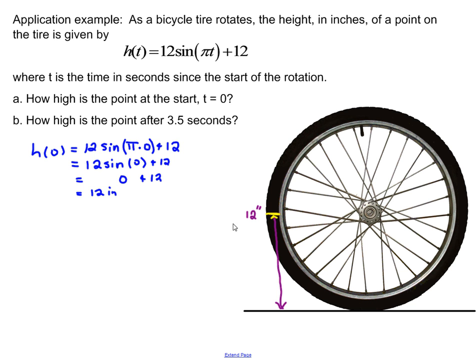Well, as our tire turns, we know that it's going in a cyclical way. So let's let this tire go for, I don't know, let's make it t equals 1/2 of a second.